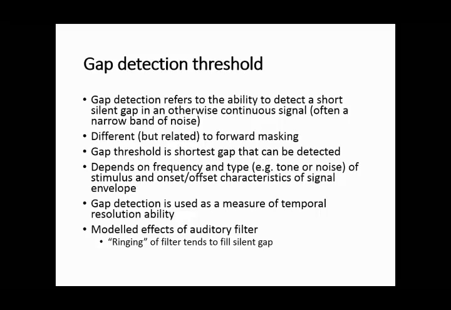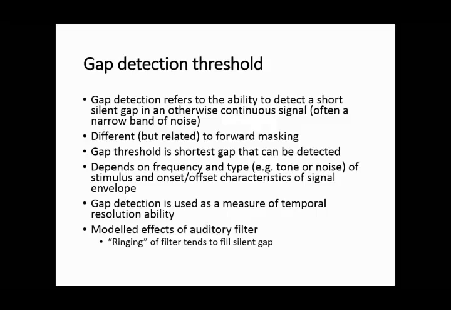The second one is I want to measure how small a gap can be so that I'm just able to detect the gap. Okay, because gap detection becomes important when we come to speech perception, because gap detection is, well, not the detection itself of a gap, but the detection of a stimulus in a gap will become the most important feature of speech perception.